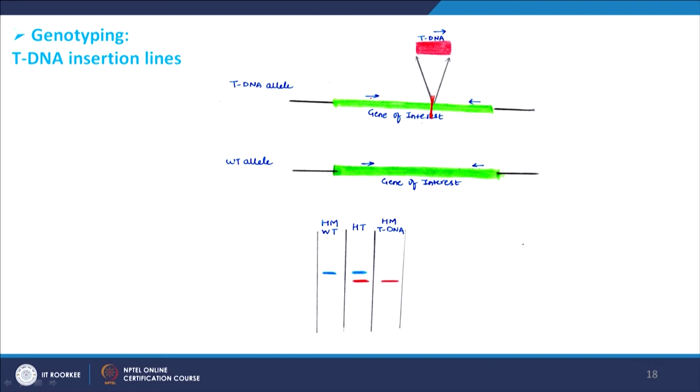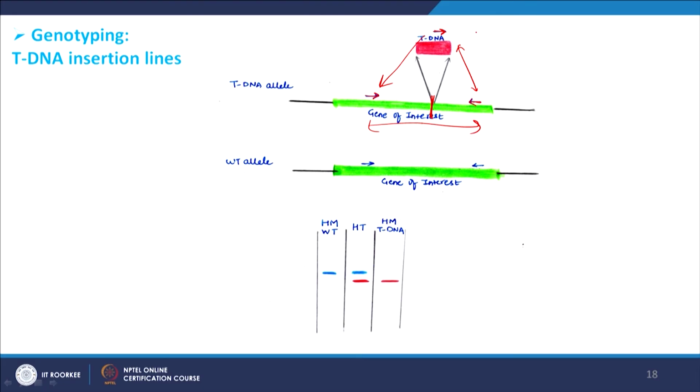Now you design a forward primer and a reverse primer in the gene, just outside the flanking region of the tDNA, and use another primer in the tDNA. You do a combination of PCRs: one PCR using the gene specific forward and reverse primers, and another PCR using the tDNA specific primer with either this or this, depending on the orientation in which the tDNA got inserted.